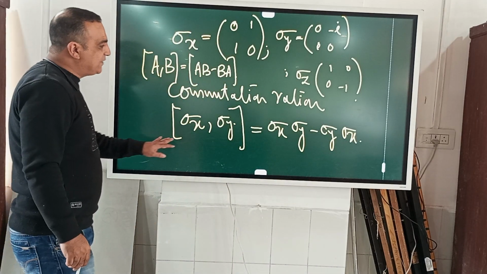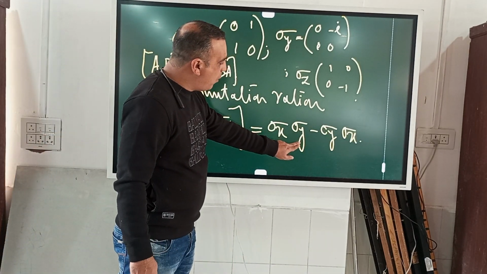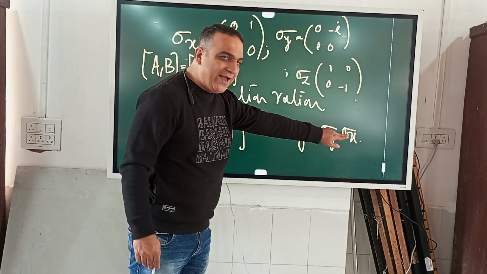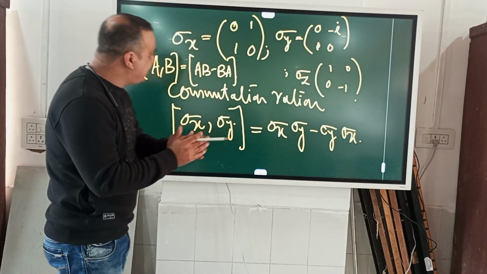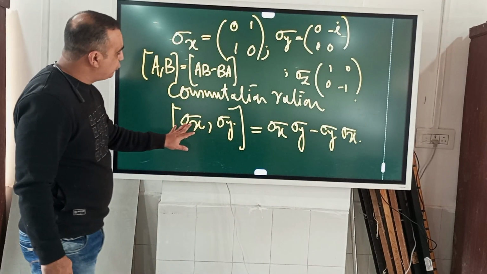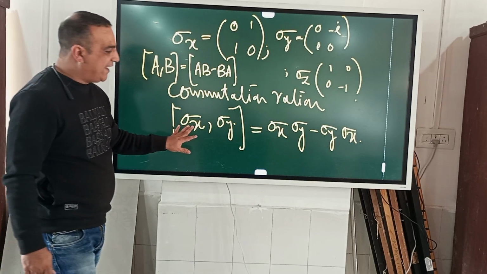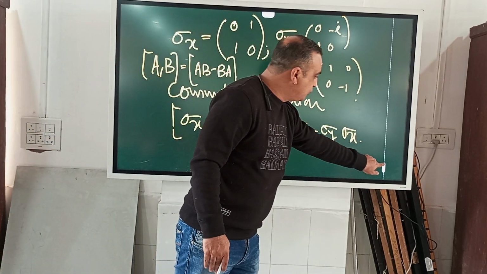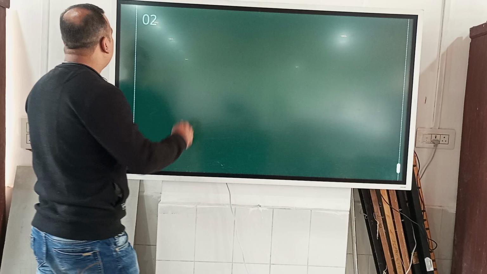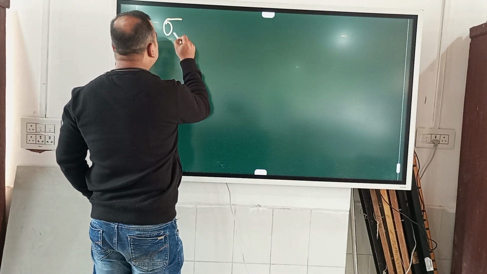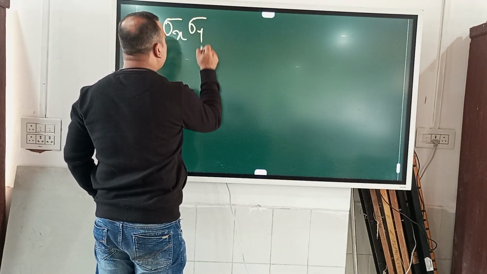We have to calculate sigma x sigma y, then calculate sigma y sigma x, and subtract the two. That will lead us to the commutation between sigma x and sigma y. To proceed, I will first calculate sigma x sigma y.